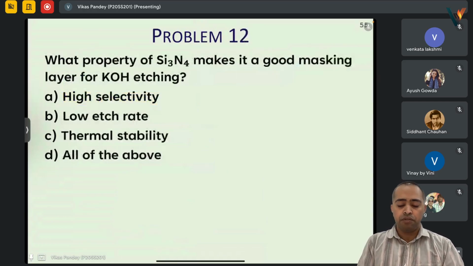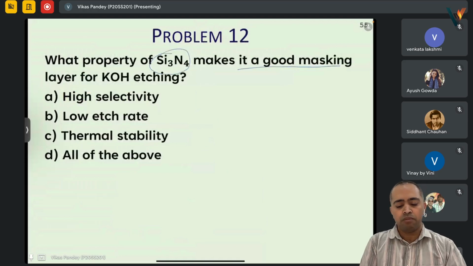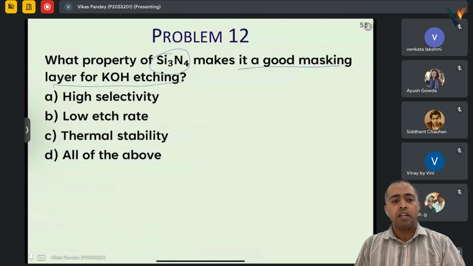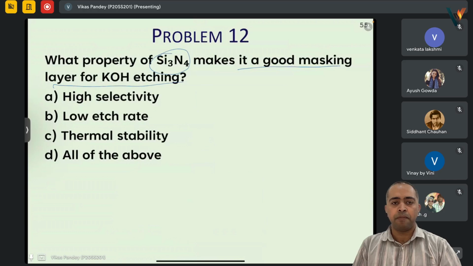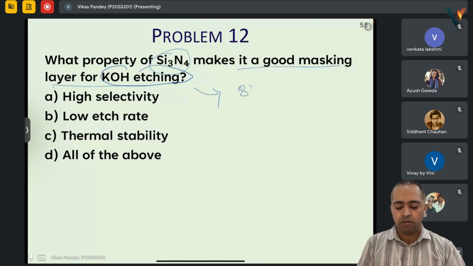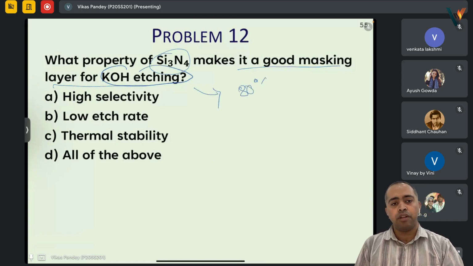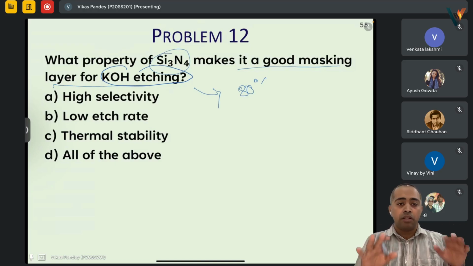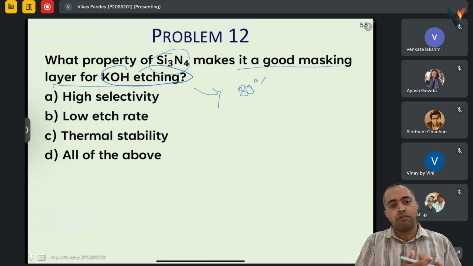What property of silicon nitride makes it a good masking layer for KOH etching? High selectivity, low etch rate, thermal stability, or all of the above. Remember, KOH etching is done at a higher temperature, say around 80 degrees Celsius, as well as some heat is produced. So, what will be a good mask? A good mask is one which does not etch itself, which is resistant to etching.